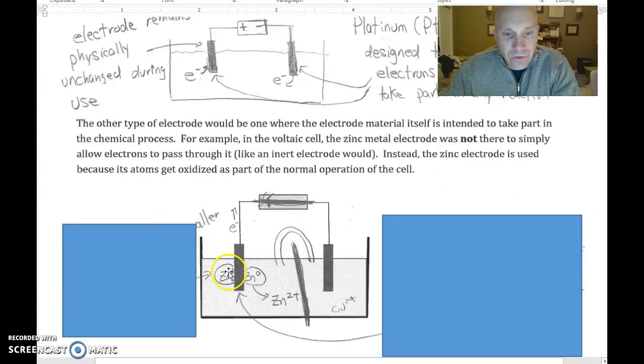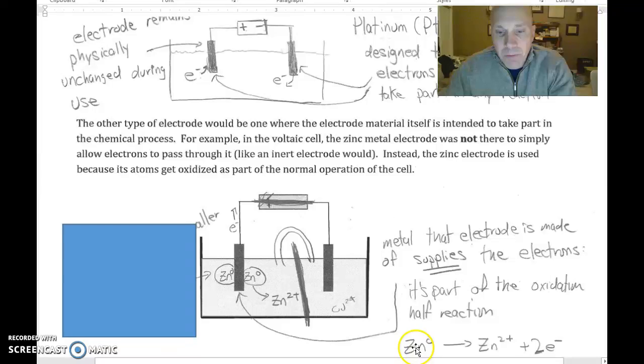And what I wanted to draw your attention to is what happens at the zinc anode. Remember that this is at the anode, and that's where the oxidation is occurring. So what's happening in the oxidation? Well, in the oxidation, remember the reaction is that zinc is losing 2 electrons, and it's becoming zinc 2+.